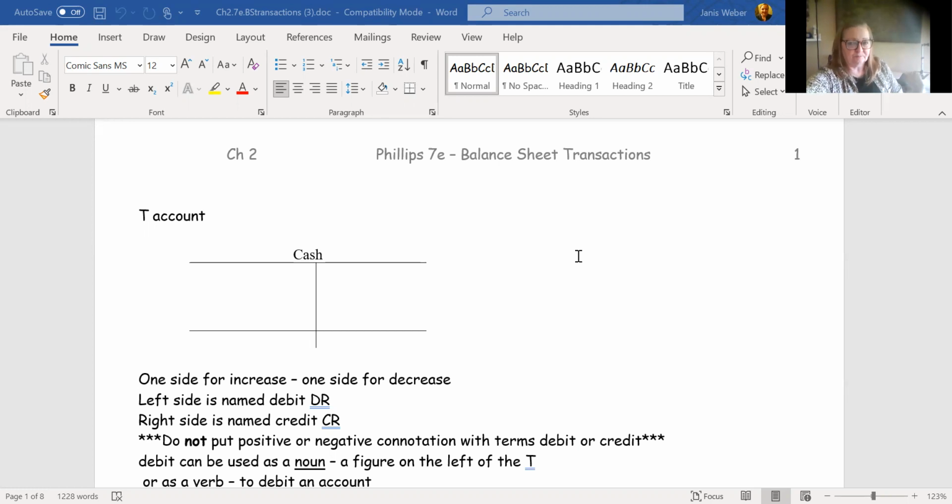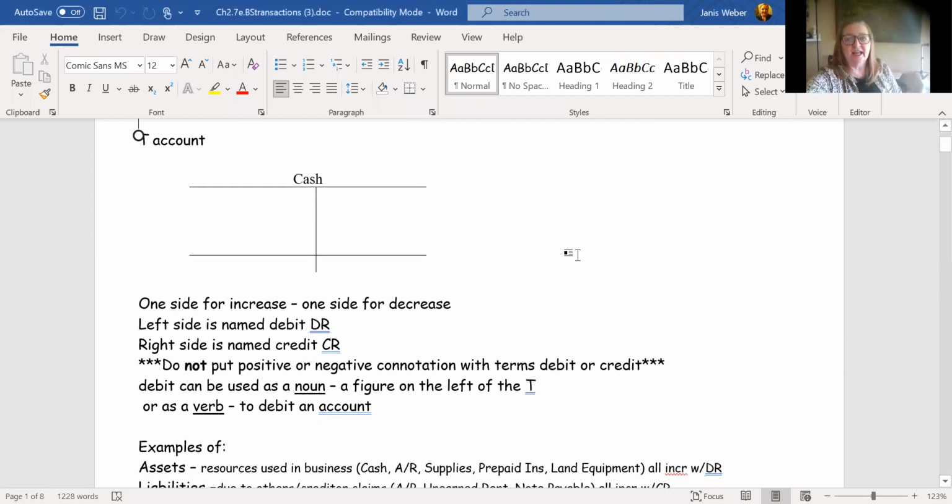And so this cash T account would record every transaction that we had. So if we had, let's just say we deposited $1,000 in the bank, we would record that $1,000 as going into the bank. And I'll tell you some more specifics about this statement in a minute. And then when we wrote a check for $200, we would record that in the T account.